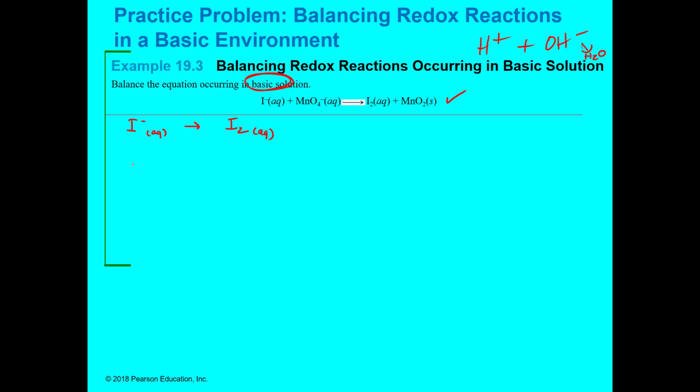And then I have the hard one, MnO4 minus, that's permanganate, going to manganese dioxide, which is a solid.